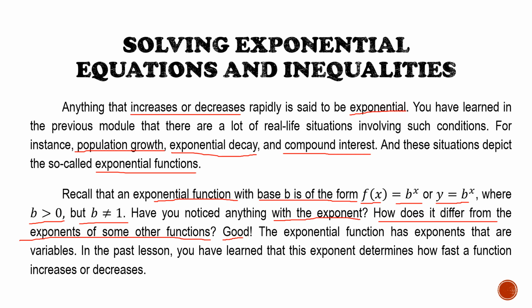Once you are dealing with an exponential function, you will always see that your variable x will be on your exponent. So the exponential function has exponents that are variables. Yes, it is your x variable, because your base is just a number, then you cannot put a variable on it.